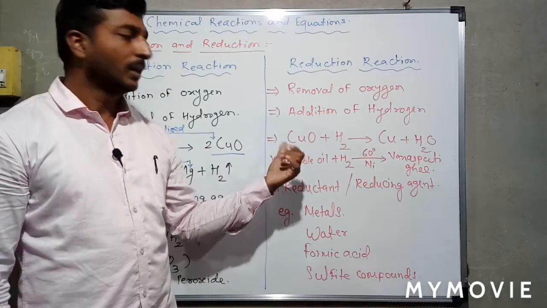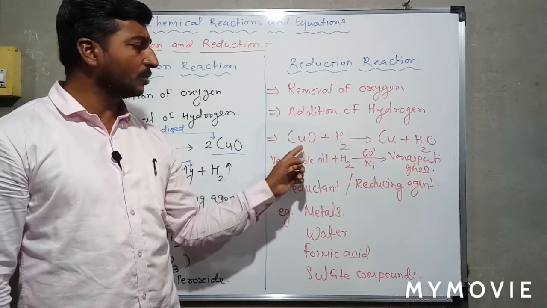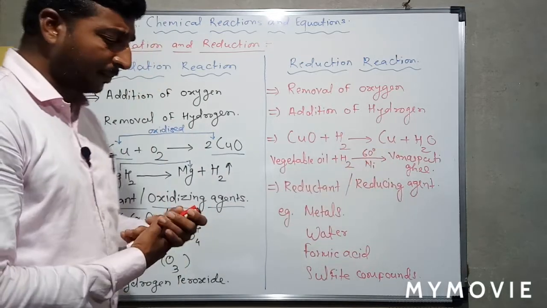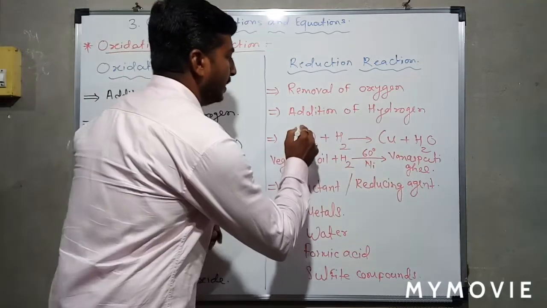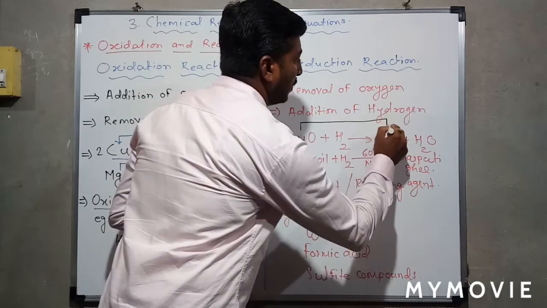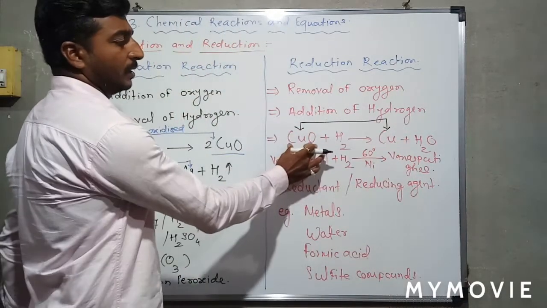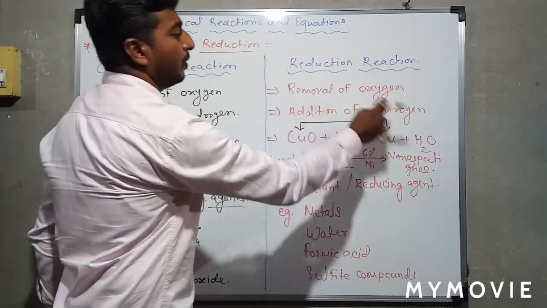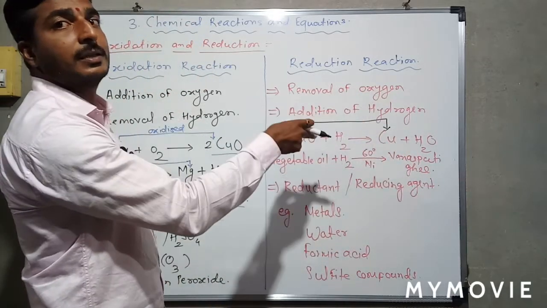Let's check the example. When we pass hydrogen gas through copper oxide, we get copper. Here there is a removal of oxygen. Copper oxide gives away oxygen to form copper, so it is a reduction reaction.